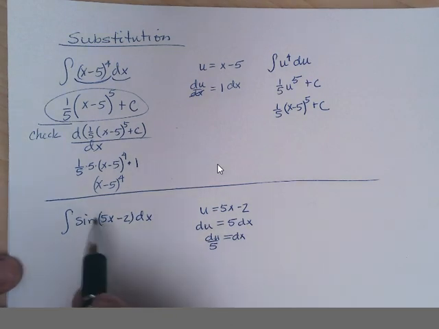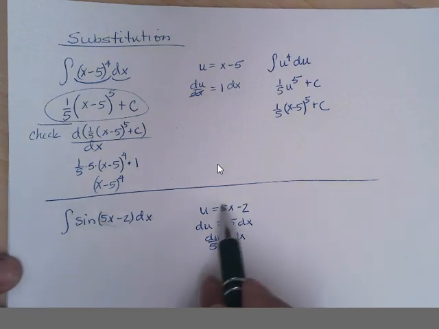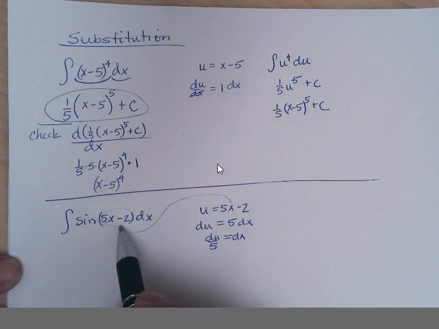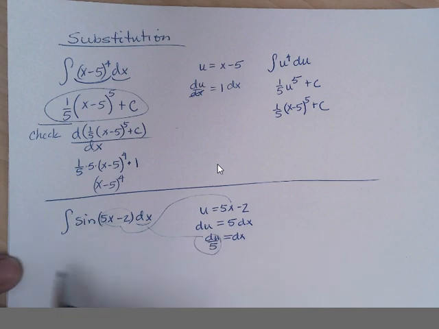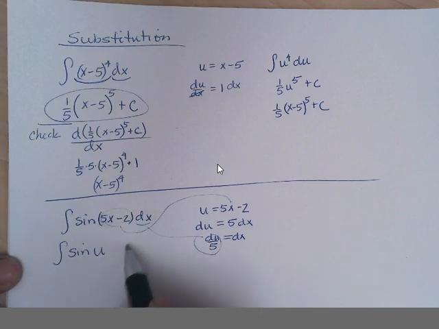So now I have something to put in place of u, and I have something to put in place of the dx. Doing my substitution, I have sine of u, and dx becomes du over 5.